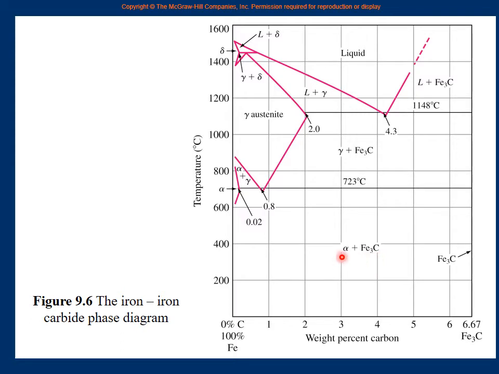So alpha is ferrite, gamma is austenite, delta is delta ferrite, and iron carbide Fe3C is cementite. So we have four solid phases. The liquid phase is there, liquid L, and delta, gamma, alpha ferrite, and cementite, right?